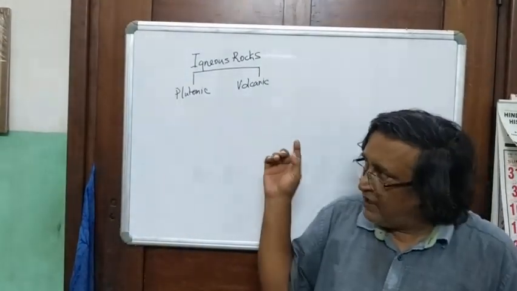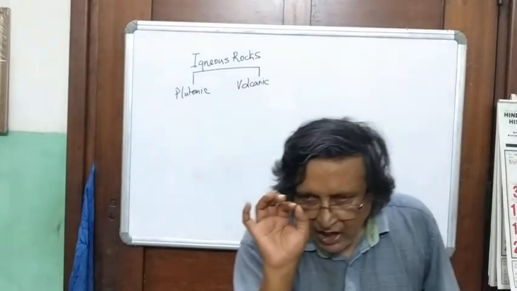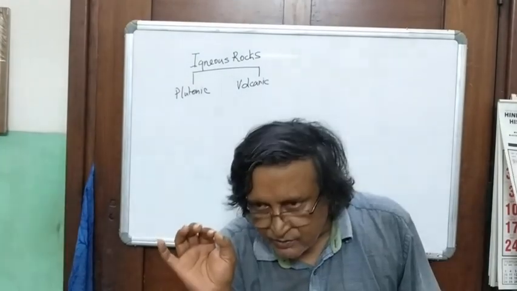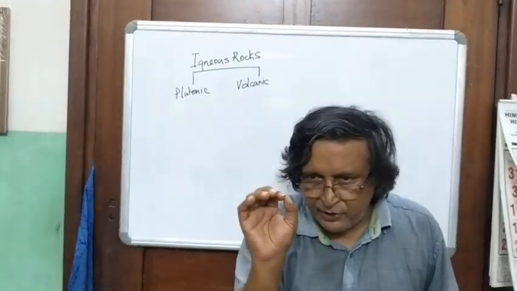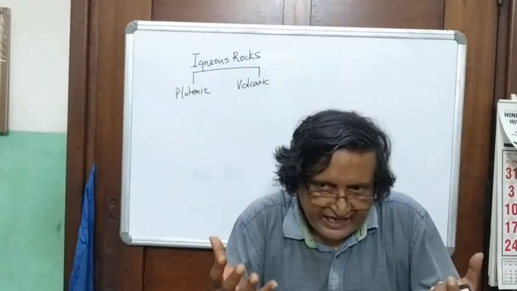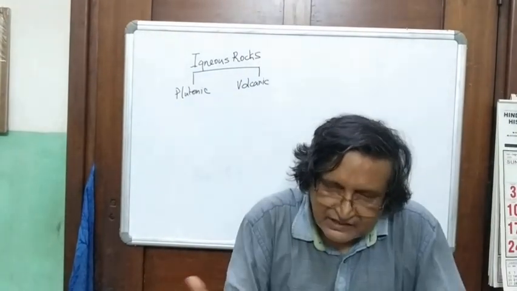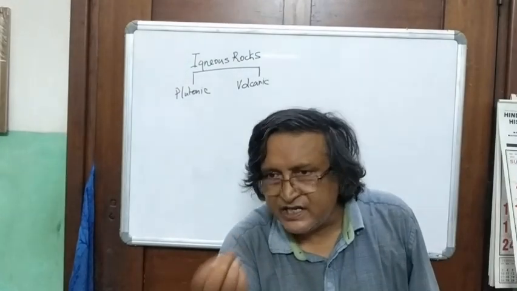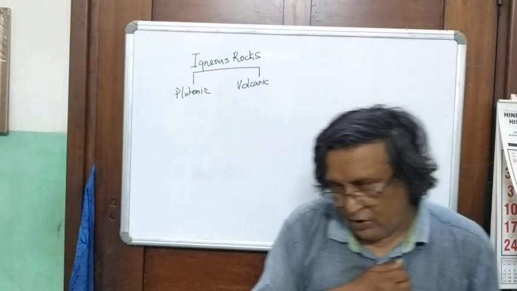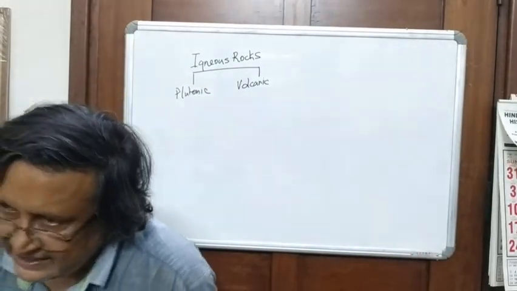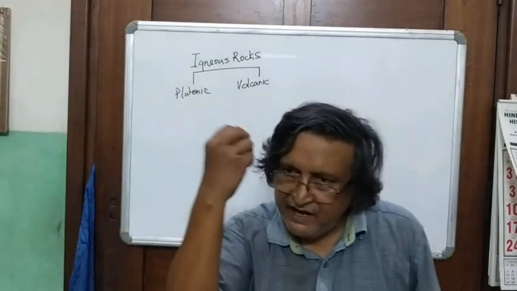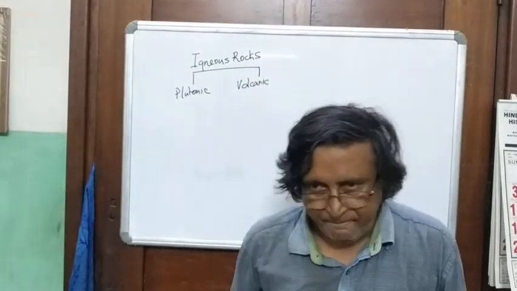So volcanic rocks contain very small crystals, sometimes no crystals, sometimes microcrystals, but mostly the melt crystallizes into a non-crystalline material called glass. So volcanic rocks are essentially glassy in nature, and they are very, very fine-grained.